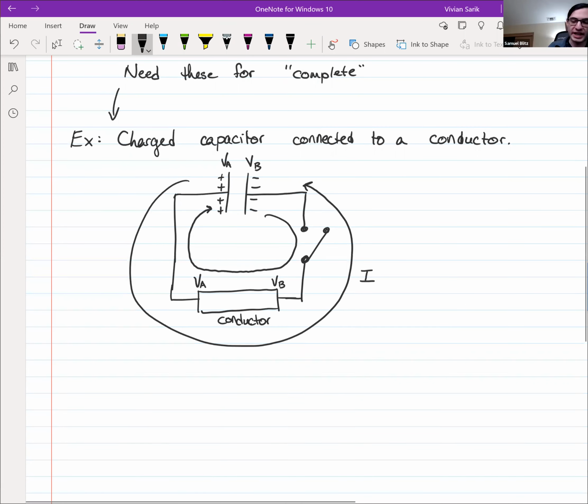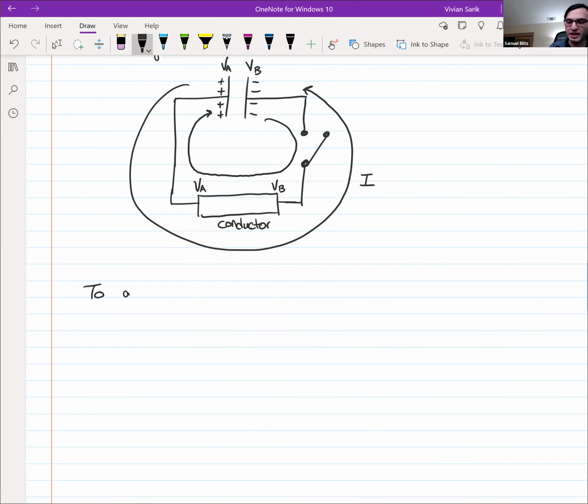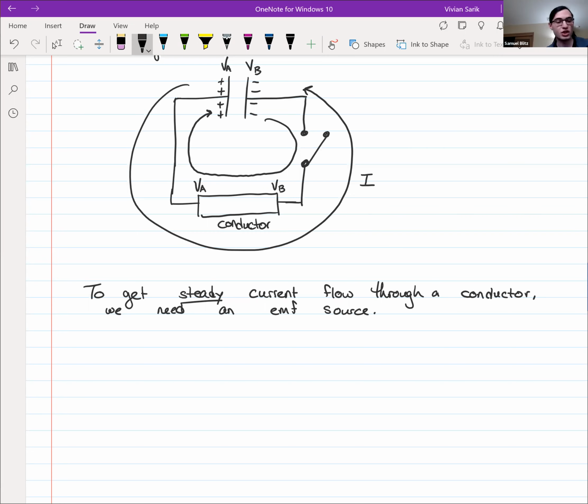To get steady current flow, i.e. constant in time, through a conductor, and by the way, this is something that we generally want in real life, we need an EMF source. An EMF source is just defined to be some object which maintains a constant potential difference. That's all an EMF source is.